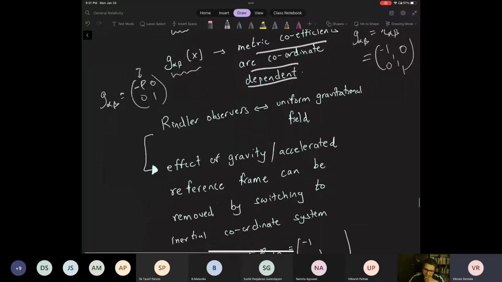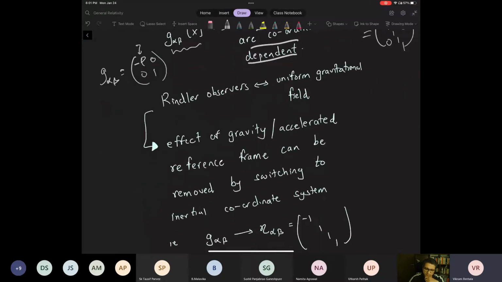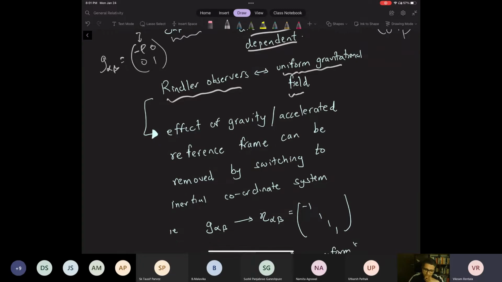The other thing is that Rindler observers are uniformly accelerated observers. Going into an accelerated reference frame is exactly, as we've discussed by the equivalence principle, like being in a uniform gravitational field. So the effect of gravity, or equivalently the effect of an accelerated reference frame, can be removed.